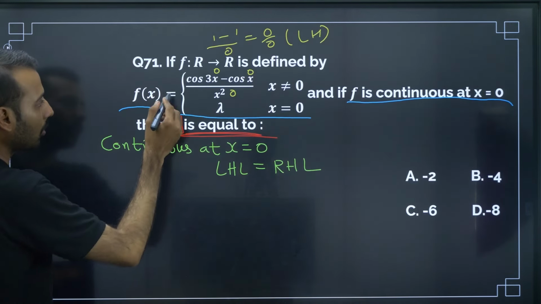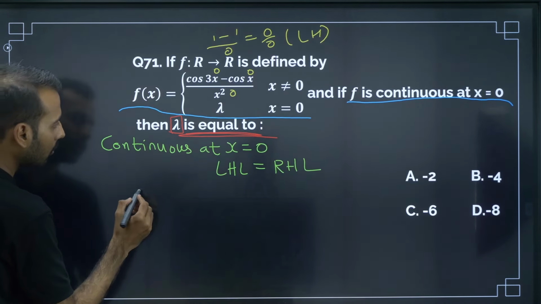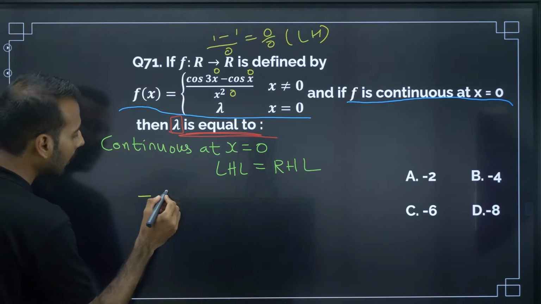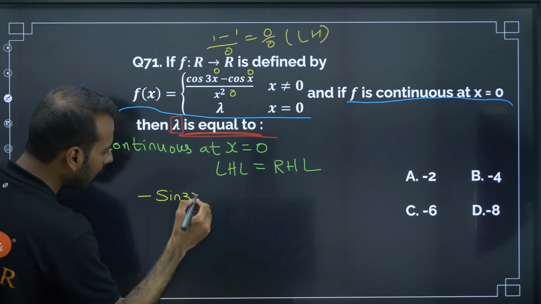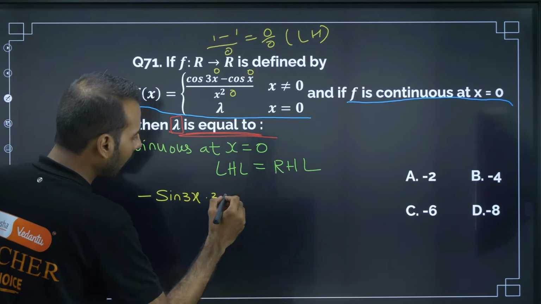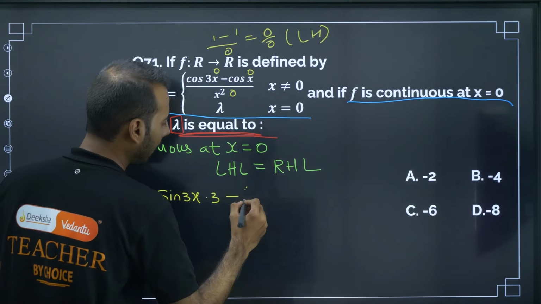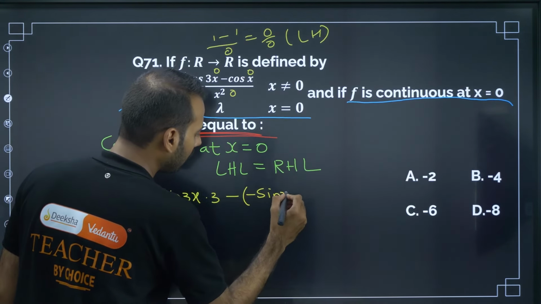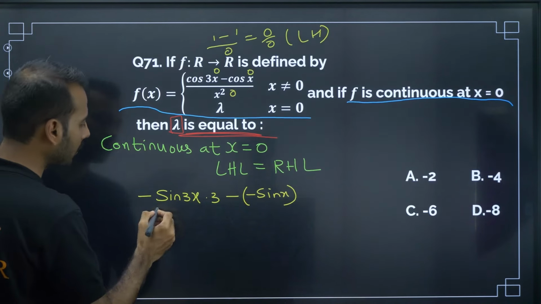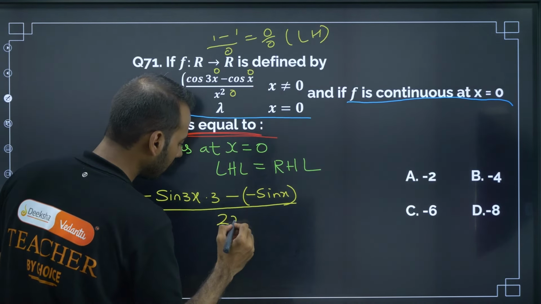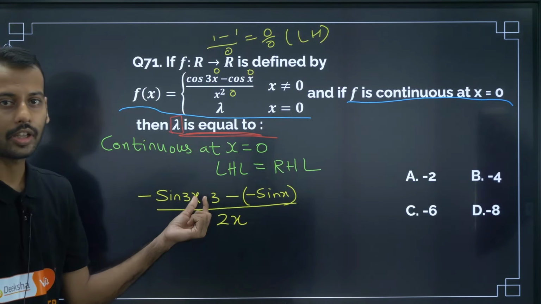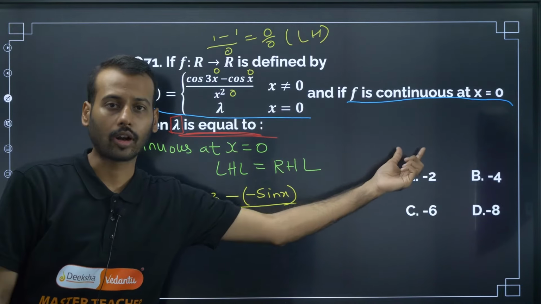Now if I use L'Hospital's rule here, differentiation of cos 3x is negative sine 3x dot 3, minus differentiation of cos x is negative sine x, divided by differentiation of this. I am differentiating here, although I have not written formulas.